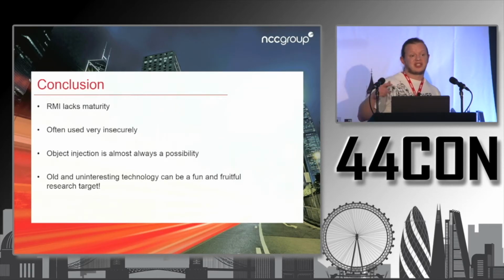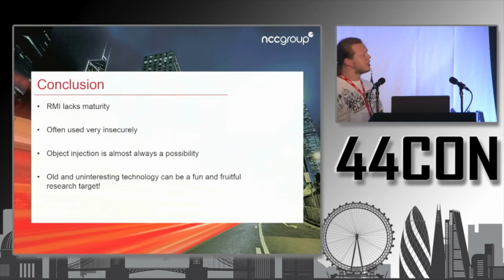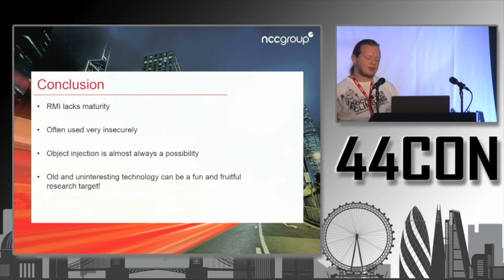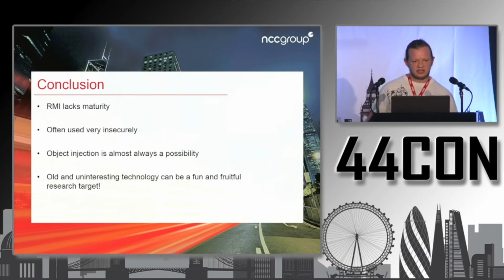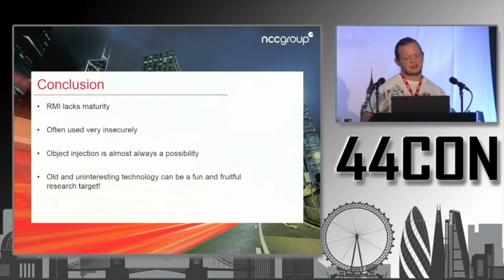In terms of this object injection thing, I just wanted to mention something, because I reported a couple of issues to Oracle. There's a Java enhancement proposal, I think it's JEP 290, which in newer versions of Java allows you to configure a global deserialization filter. The idea behind that is you can whitelist classes that can be deserialized.